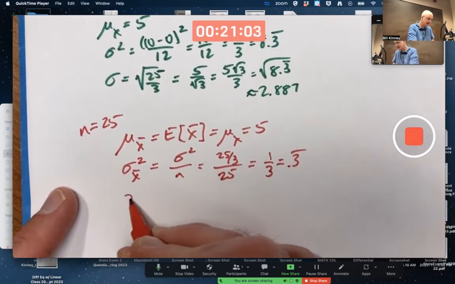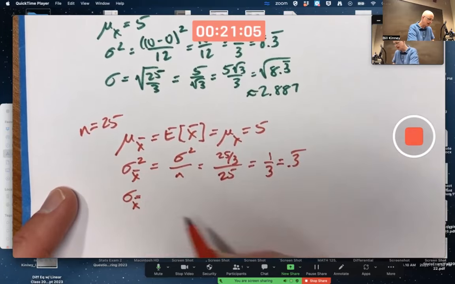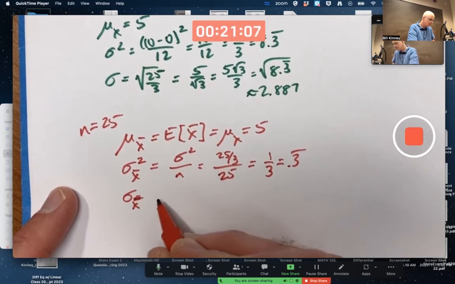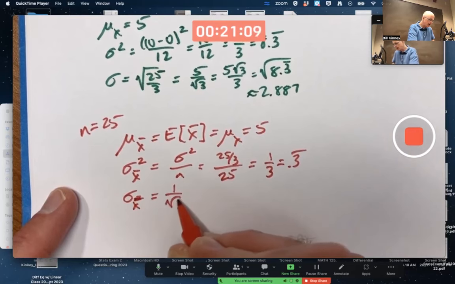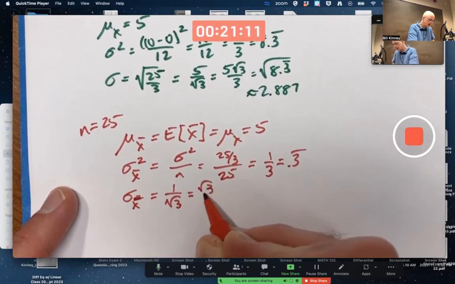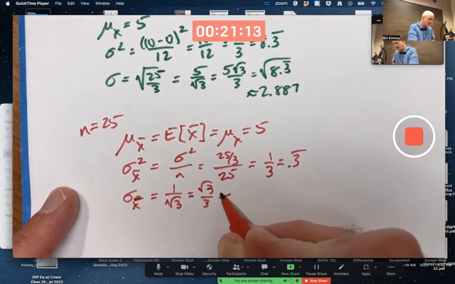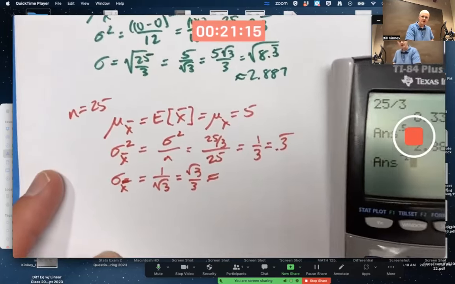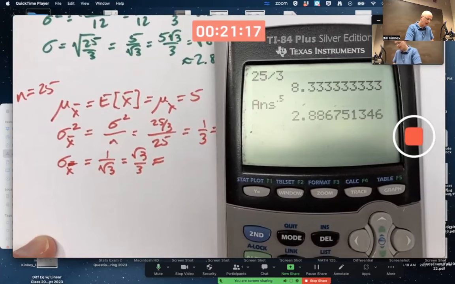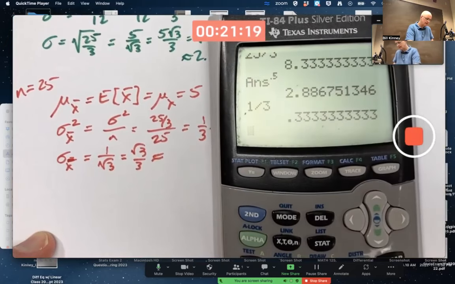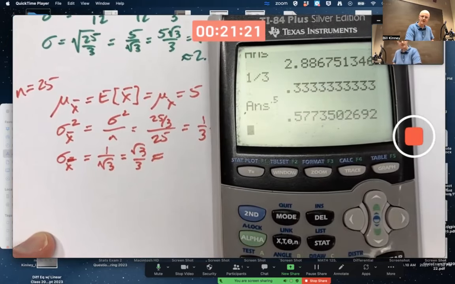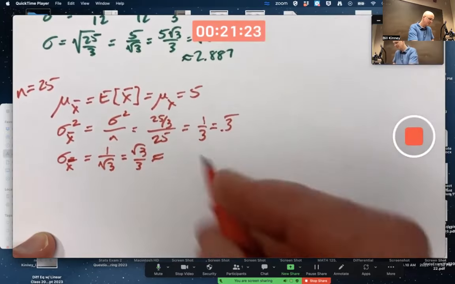So the standard deviation of X bar is the square root of that, 1/√3, same as √3/3, whatever that turns out to be. Take the square root of 1/3, it's about 0.577.